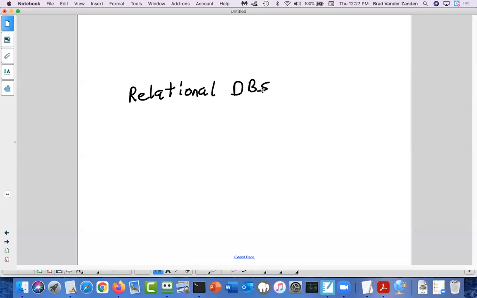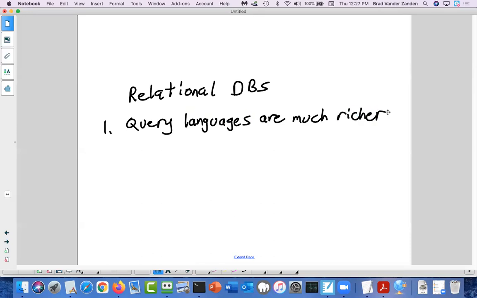As against that, you do have a bunch of advantages for relational DBs. First of all, the query languages are much richer. As we'll see for MongoDB, the query language is much lower level and much more procedural, and generally requires a programmer's expertise in order to query the database.